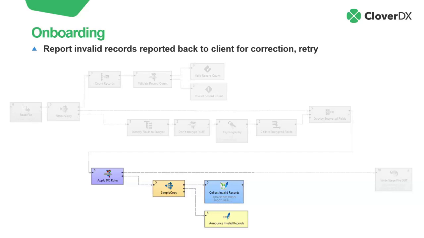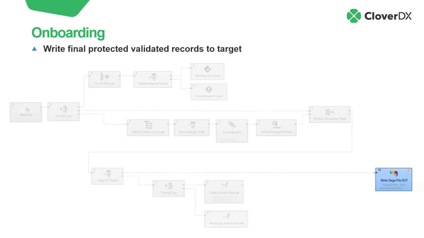Those records can then be evaluated, corrected, and reprocessed. So we have some ability now to rapidly re-execute our onboarding process, identify those bad records, fix them, rerun the pipeline, all without needing to have a developer step in. Then, of course, the last step, writing the transformed and validated records to our target endpoint.